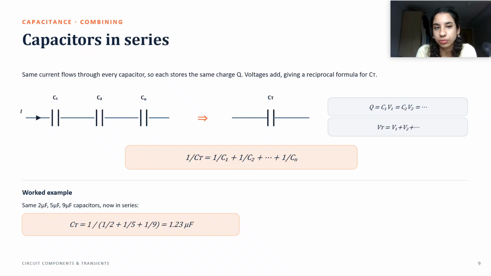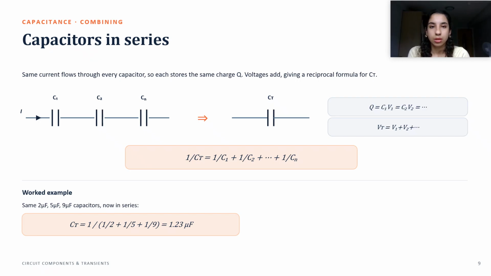And then in series, again opposite to the resistor, you add them just how you add resistors in parallel. That is 1 over total capacitance equals 1 over C1 plus 1 over C2 plus 1 over however many capacitors you have in series.